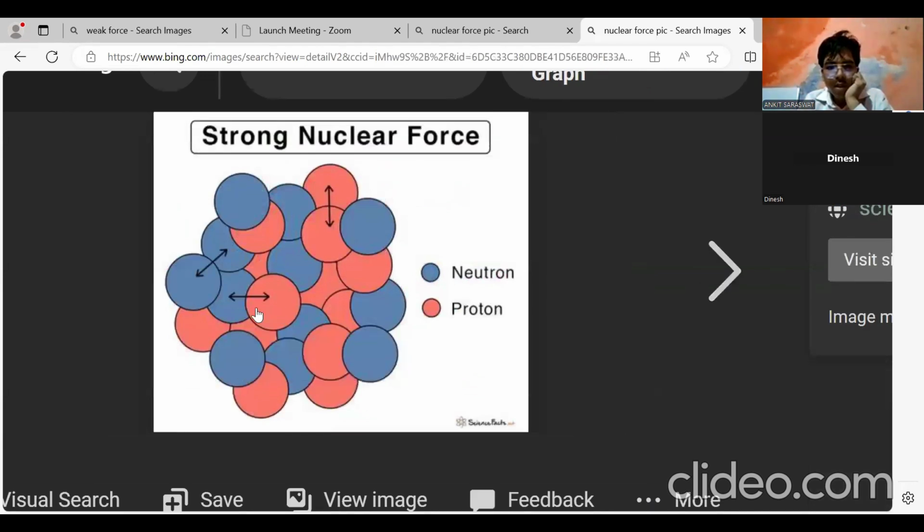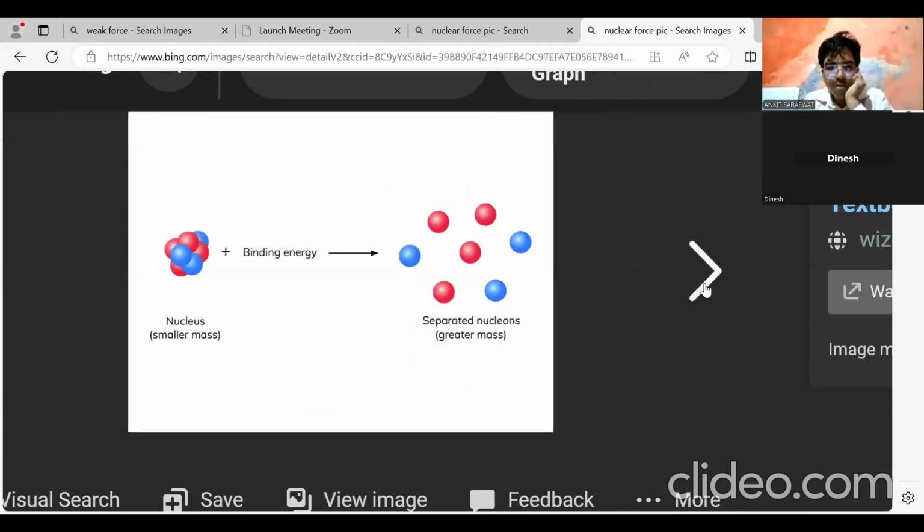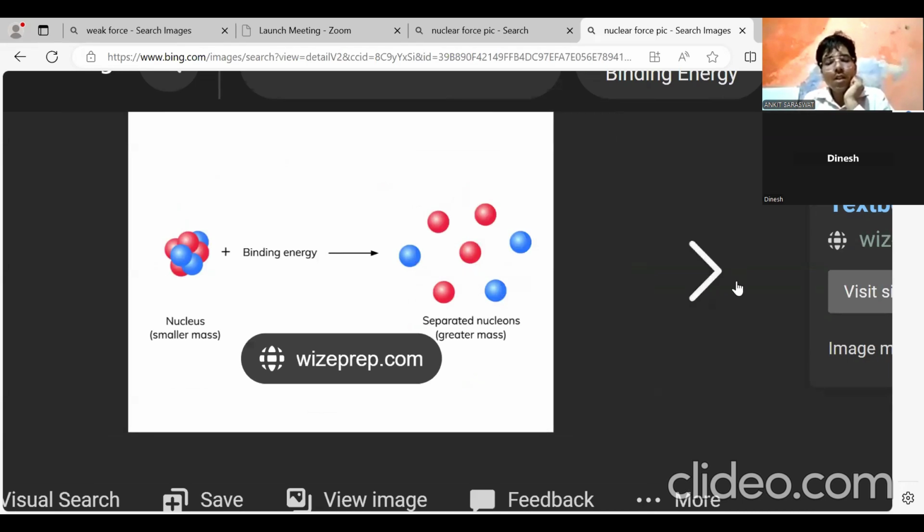This is nuclear force. Clear? Okay, sir. You will learn binding energy, all this concept, in class 12.